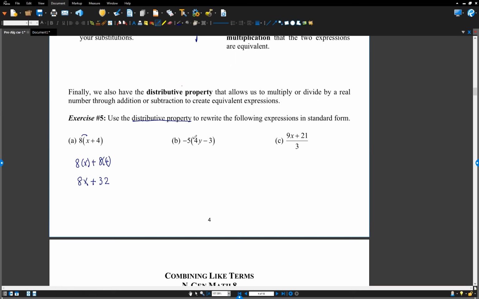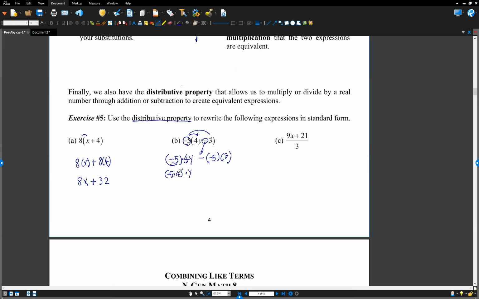Another one: negative 5 distributed to both numbers. So negative 5 times 4y minus, we still have negative 5 times 3. For the first multiplication, use the associative property. Negative 5 times 4, and y is next.